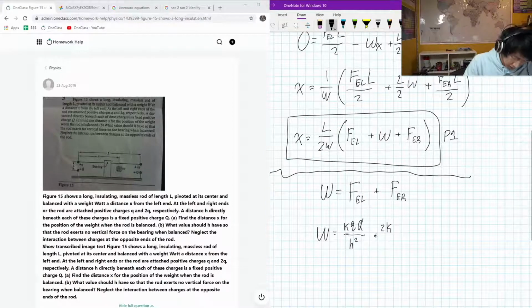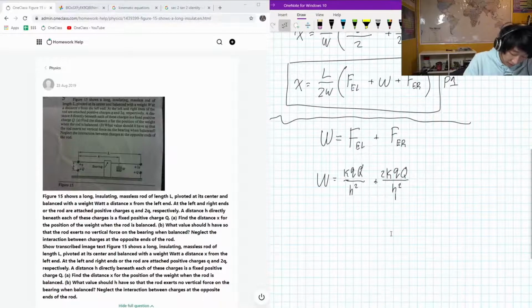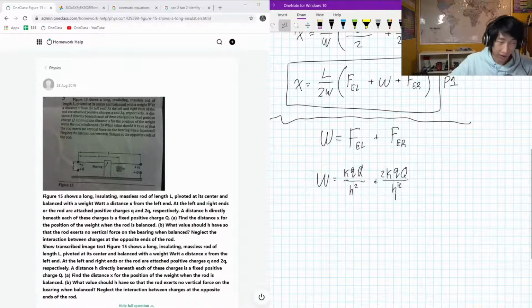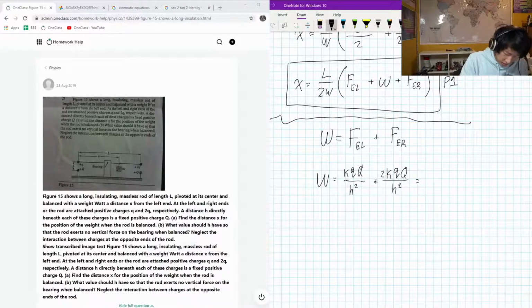So 2KQ big Q over h squared. We can put these together because they actually are the exact same. So this will just be equal to 3K little q big Q over h squared.